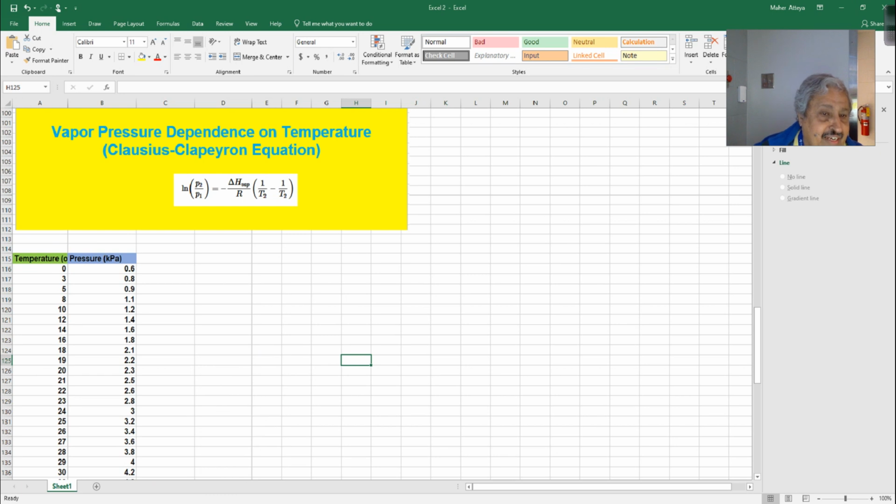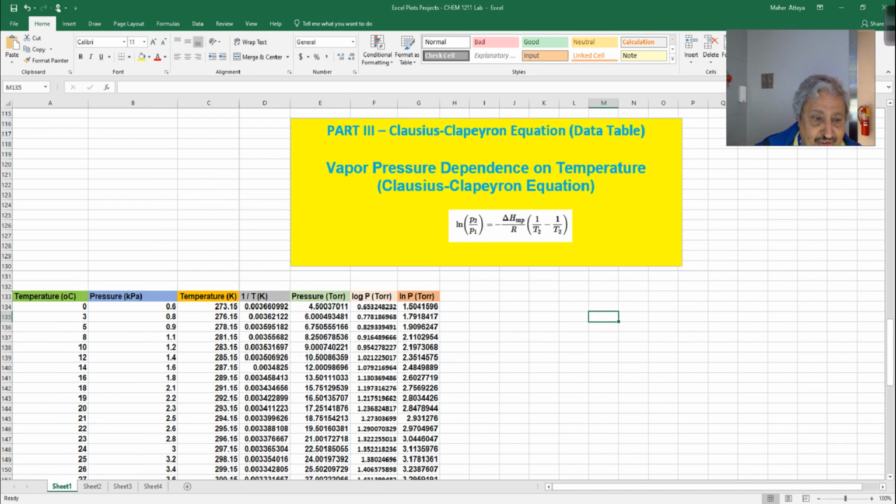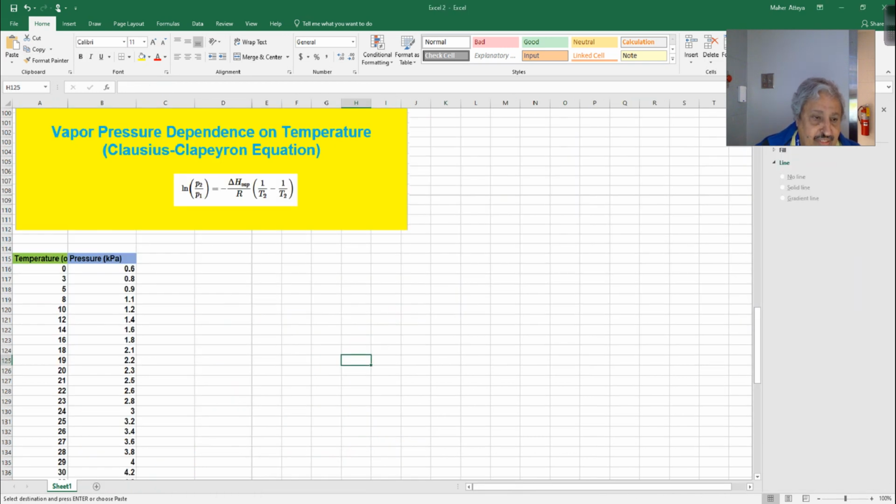I need to get ln, whatever it says there. So it's given to us. We have to know what the temperature is. Let's take those here and try to copy this and have them calculated together, so you know how to calculate those.